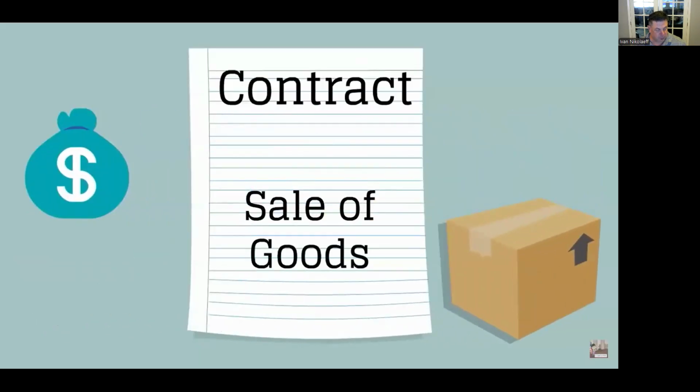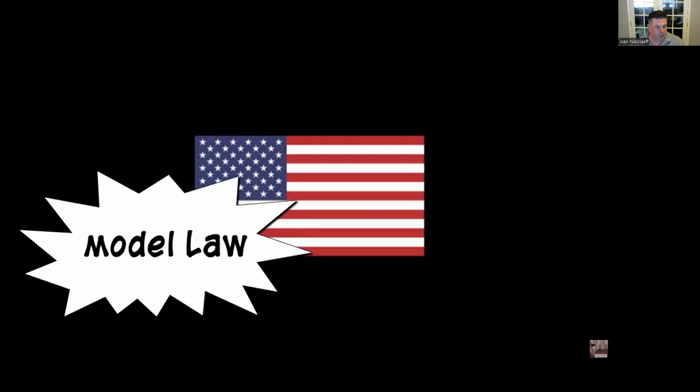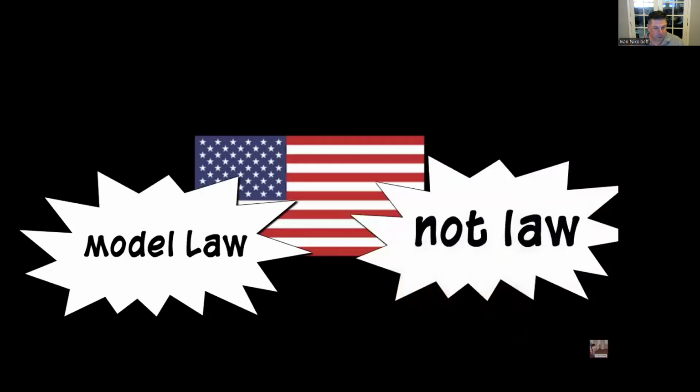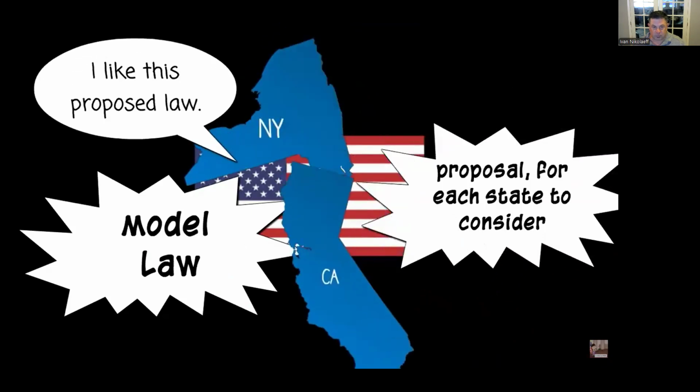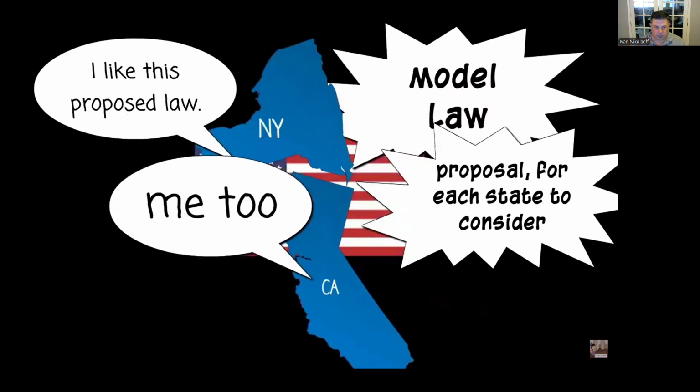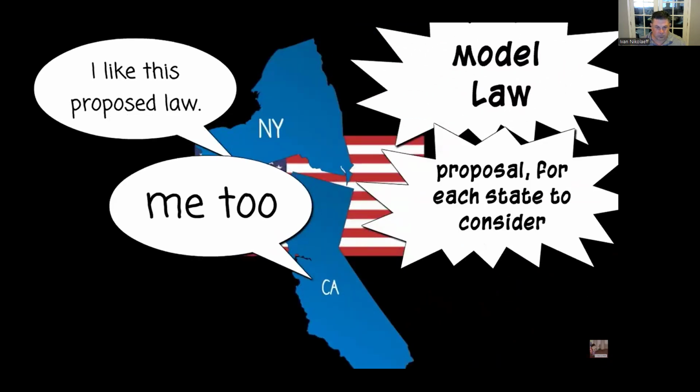Among other things, Article 2 of the UCC applies to transactions for the sale of goods. So the UCC itself is a model law, so it's not exactly the law. As a model law, it's really a proposal that each state has to choose whether to adopt or not.